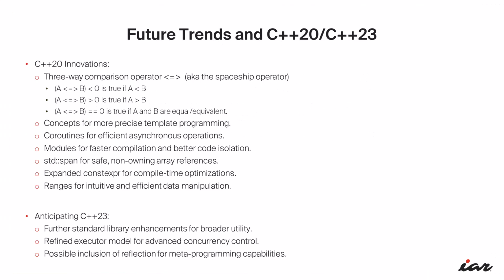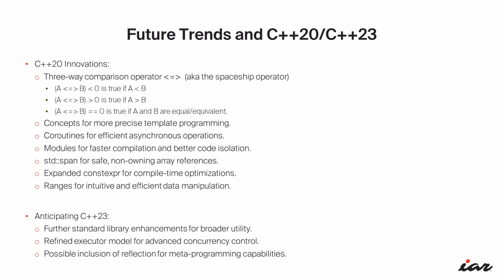But wait, there is more to come. We have C++ 20 coming up with a lot of interesting features as well. For example, the 3-way comparison operator, also called the spaceship operator, where you can compare 2 expressions and then depending on if it's less, greater or equal, you get minus, 0 or plus as the result.